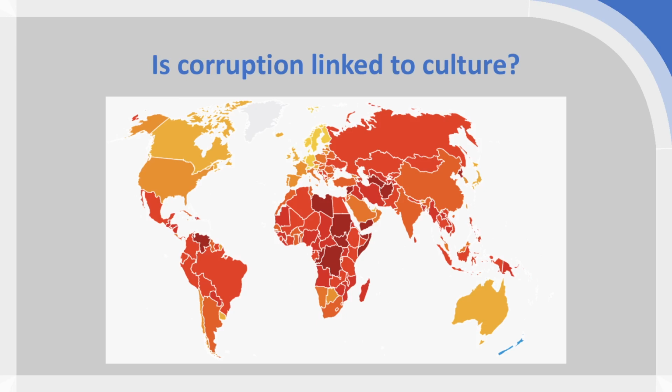So even if we do take something like the Corruption Perceptions Index on board, this is a map from the most recent Corruption Perceptions Index, what should be remarkable is the degree and depth of corruption as a significant problem around a huge swathe of the world. Just looking at the map, quite clearly, huge parts of Asia, Africa, and Latin and Central America are affected, and there is very little cultural contiguity or affiliation between these different parts of the world.